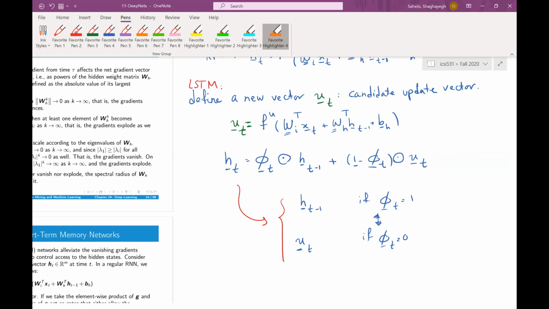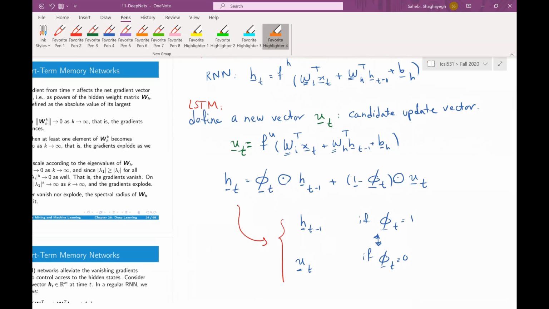So in other words, phi_t is going to be forgetting the 0s and remembering the rest, right? So phi_t is going to tell us how much of the prior hidden state to forget or to remember.